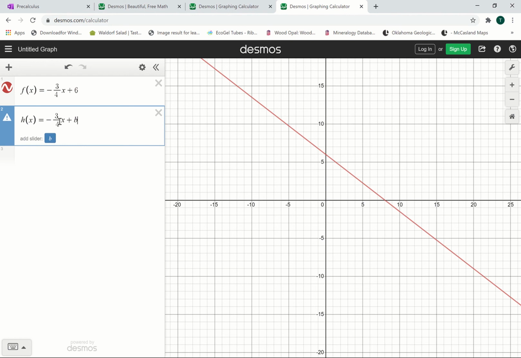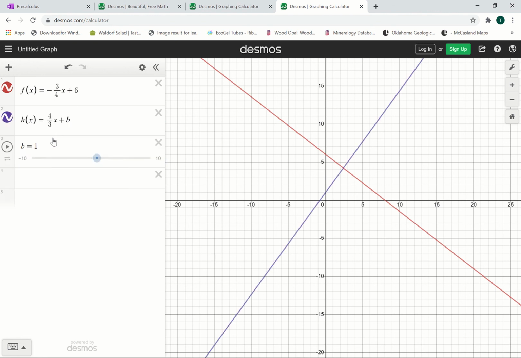And if we have -3/4 already, then the negative reciprocal of that is going to be positive 4/3. So notice also, just like our parallel line, that the only thing that's really up to us is the y-intercept.